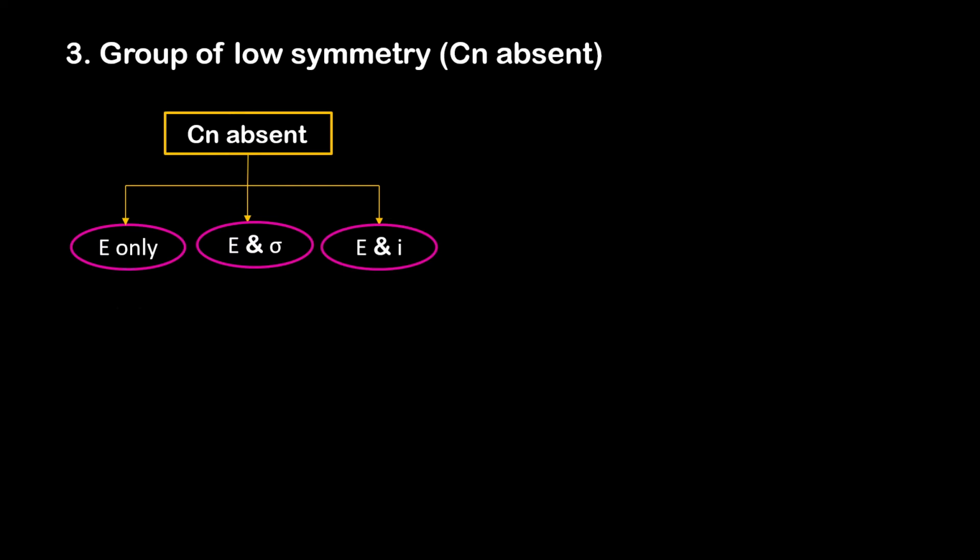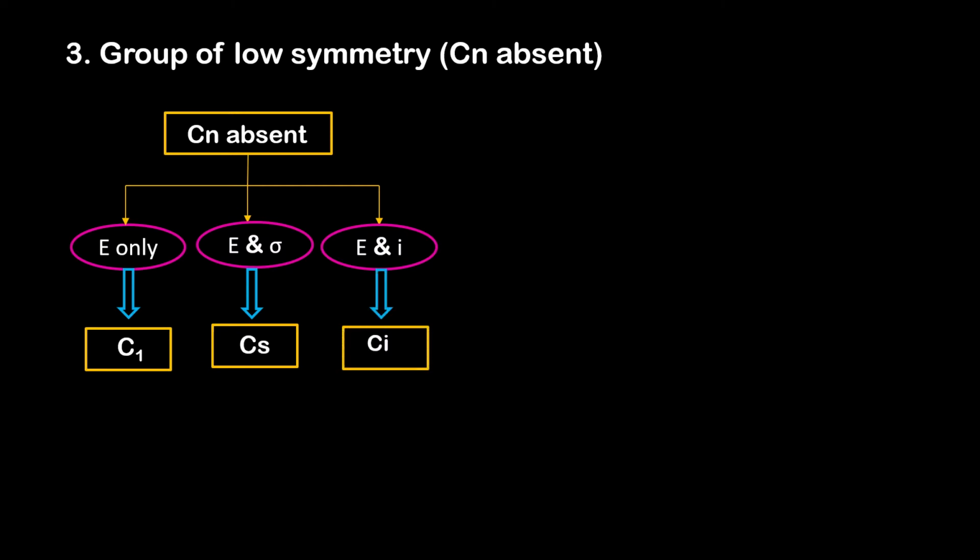If only E is present, the point group will be C1. If E and sigma, then the point group will be Cs. And if E and i, then the point group will be Ci. Now, for better understanding, let's take one example for the C1 point group.